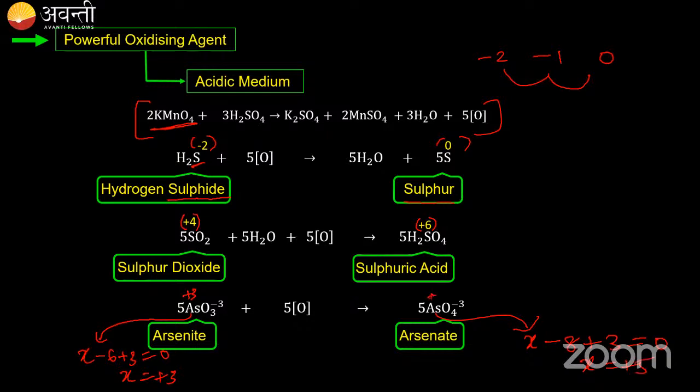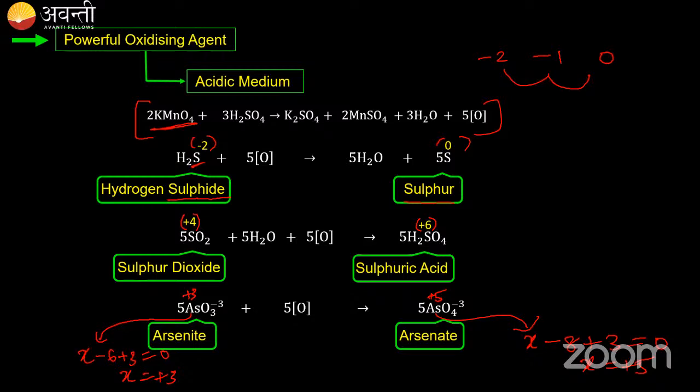So for one arsenic, two electrons are lost. Very good. Arsenite to arsenate. The name is very important, the name and the formula.